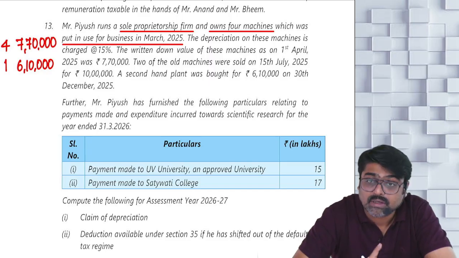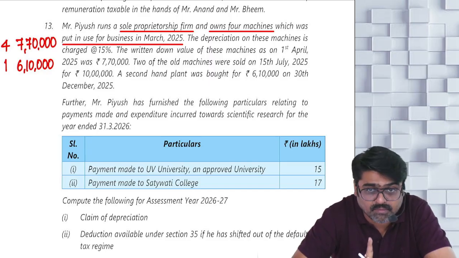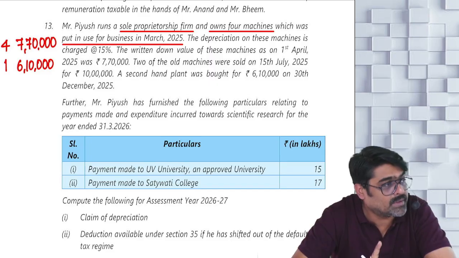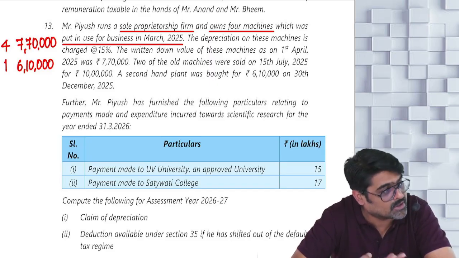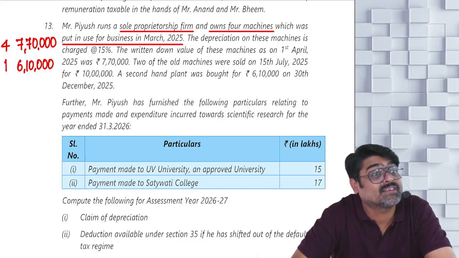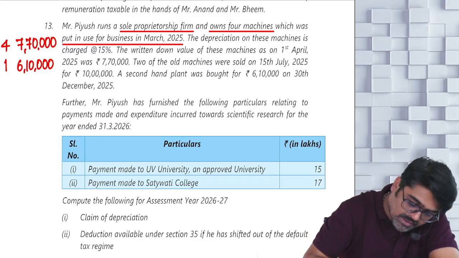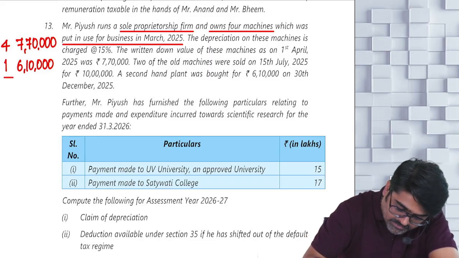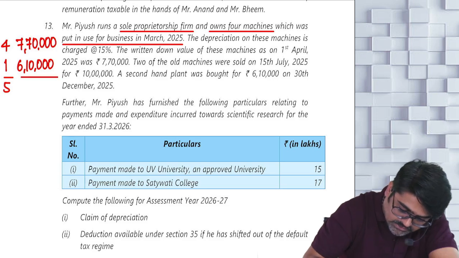So on this, half normal depreciation will be available, and there will be no additional depreciation. Even if the assessee was in the manufacturing business, there will still be no additional depreciation on this plant and machinery because it is second hand. Now tell me, how many machines are there in the block now? 5.